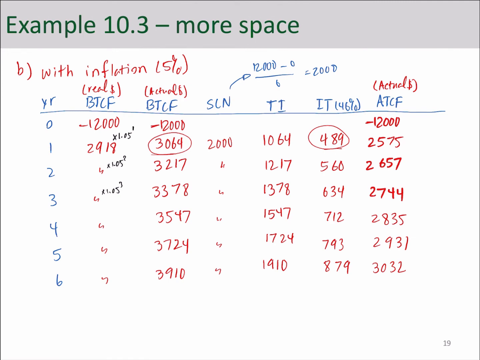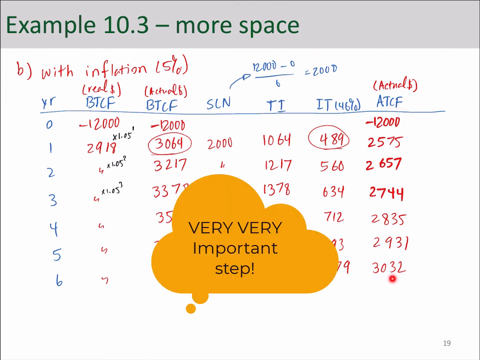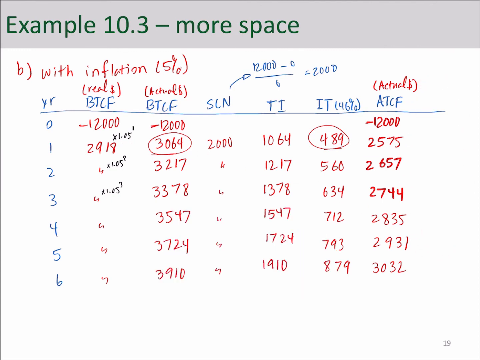And then once we have the after-tax cash flow in actual dollars, the very, very important last step is to convert the after-tax cash flow to real dollars. Basically, to have something similar to what we had here, before-tax cash flow in real dollars, we now have to end with an after-tax cash flow in real dollars.